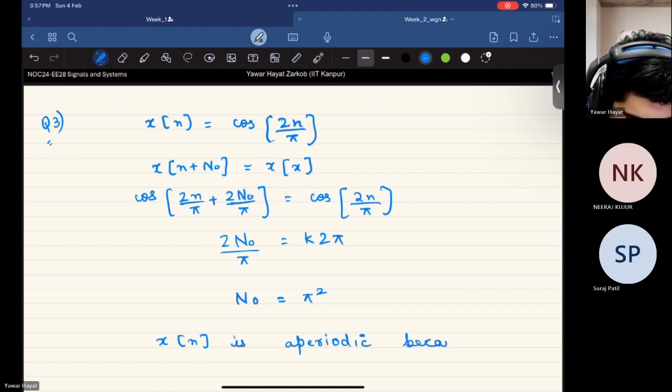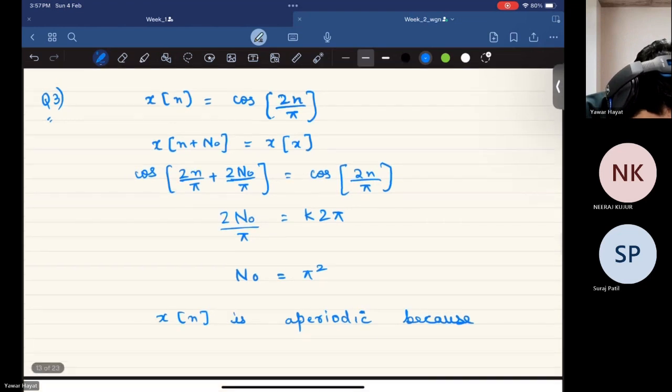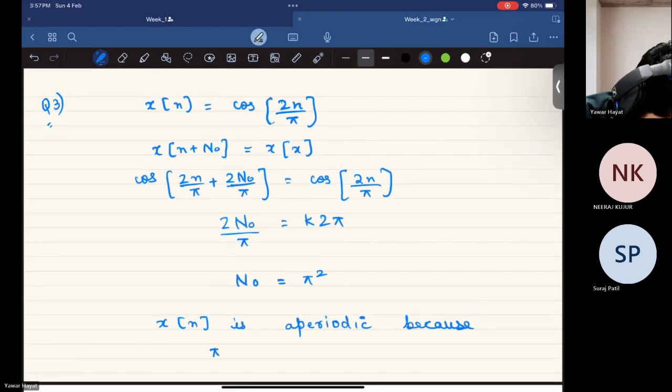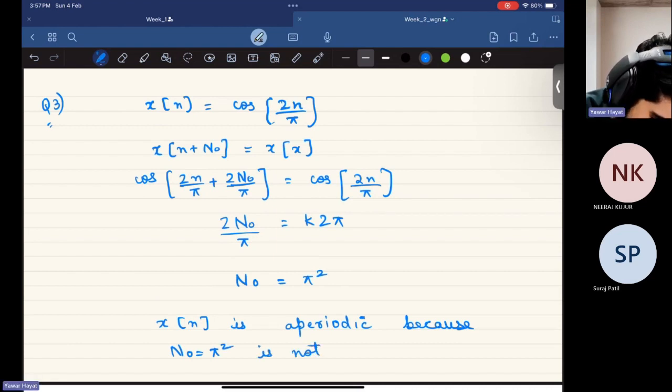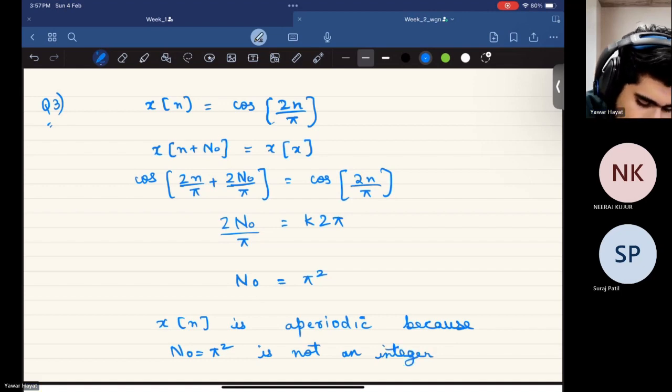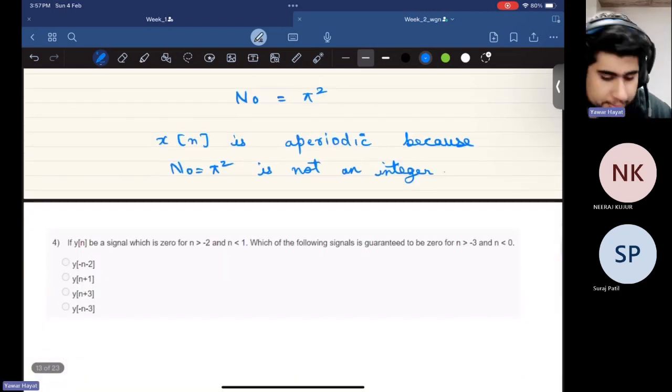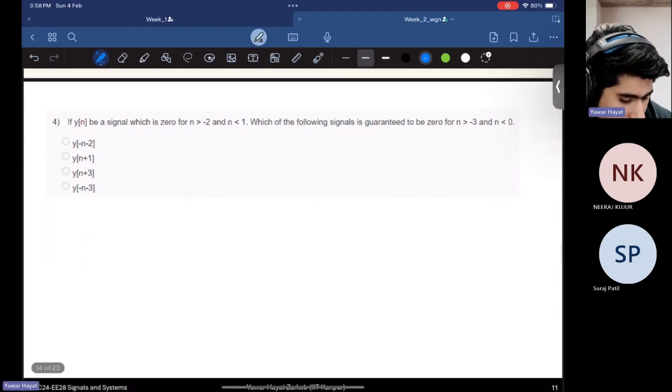Because n naught, which is equal to pi square, is not an integer, right? Let's move on to the next question.